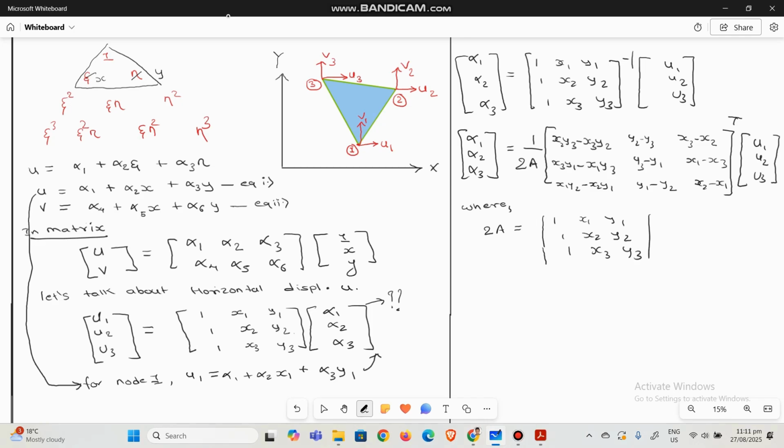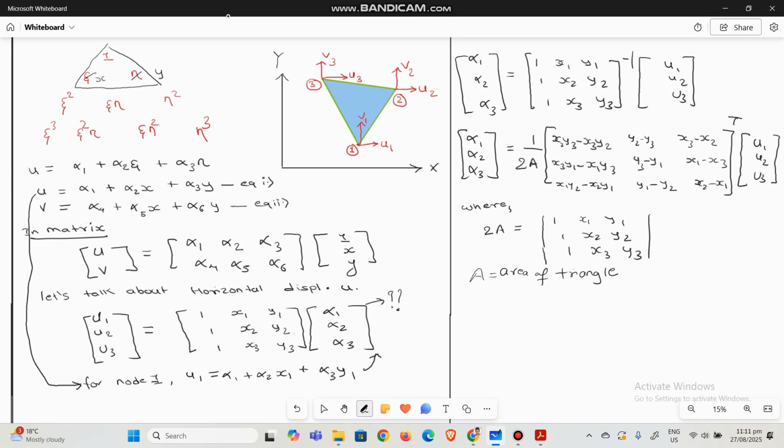We got this formula, and this 2A is nothing but the determinant of this matrix whose inverse we are finding, and A is the area of the triangle.